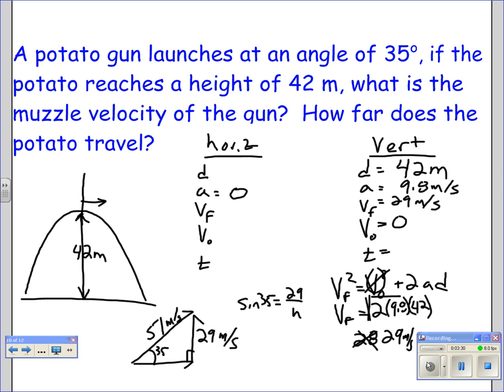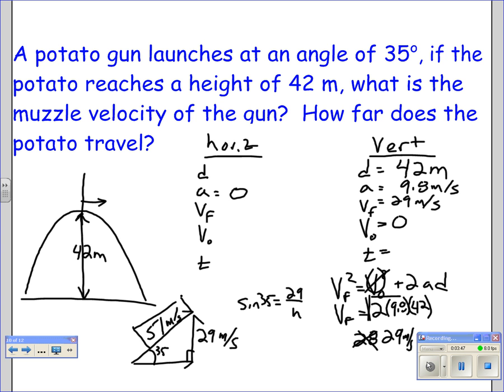That would be my muzzle velocity right there. If I wanted to continue on, I could then figure out my horizontal velocity. So the first part is over. Muzzle velocity, 51 meters per second.